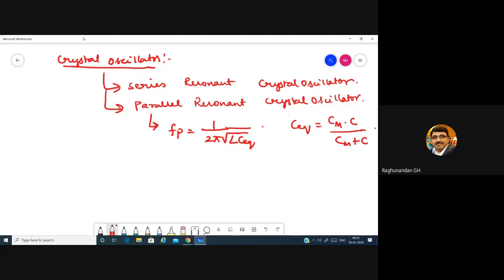And in the majority of cases, they'll give a problem on the crystal oscillator, because when they ask about the characteristics, you have a lot to explain. But when it comes to the oscillator part, there is nothing to explain, because in the feedback path you are just going to insert one crystal, and that finishes the feedback path.